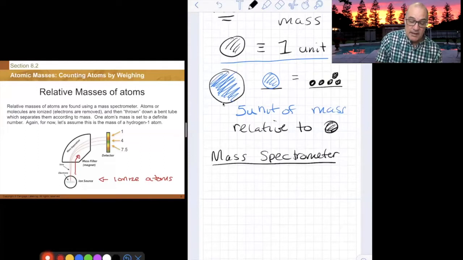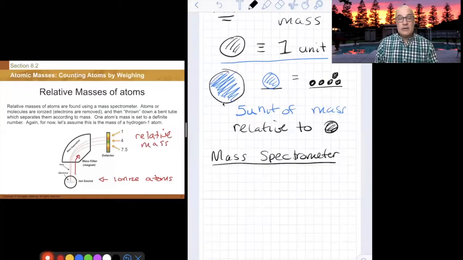So what we find is that we can separate them according to relative mass. And if we define one of these masses, the lightest one probably, as 1, then what we are able to do is figure out the relative mass of each of the other atoms in our sample.